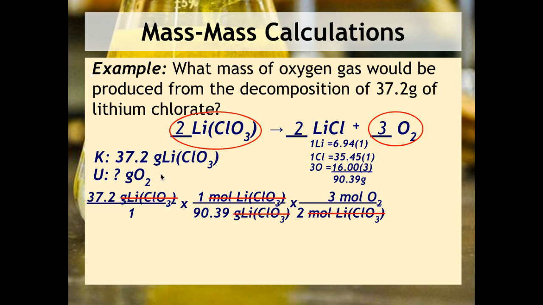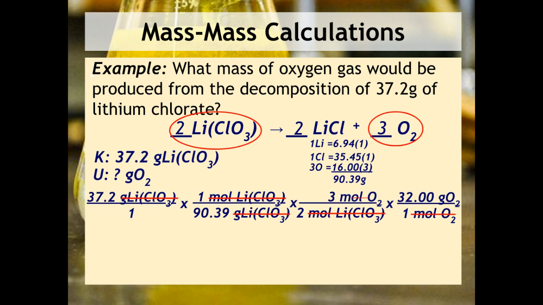Is that what I'm looking for? No, I'm looking for grams of O2. So I'm going to have to use my periodic table and convert. Well, not even convert, but add together my oxygen's mass. So for every 1 mole of O2, there are 32 grams of O2 because 16 times 2 is 32.